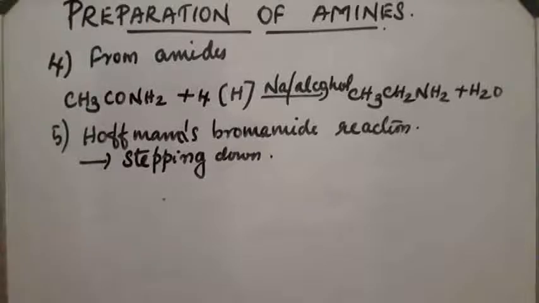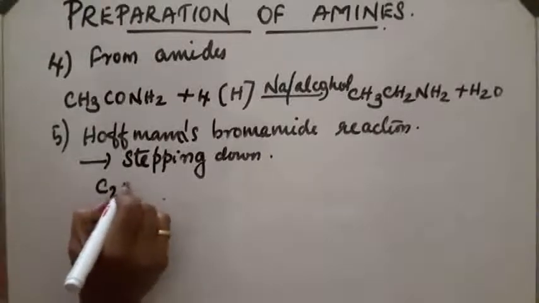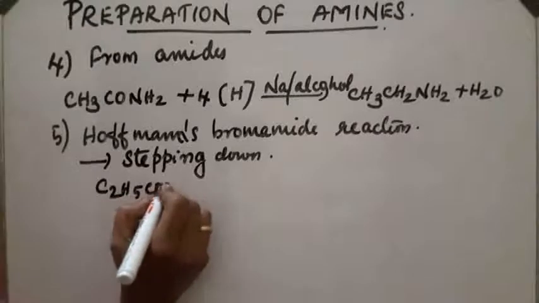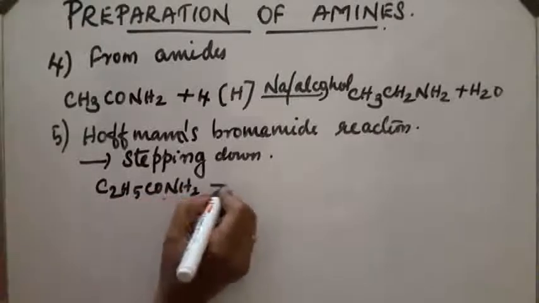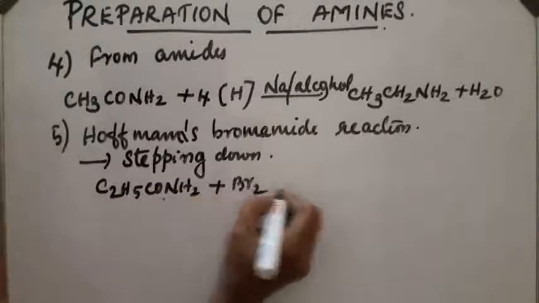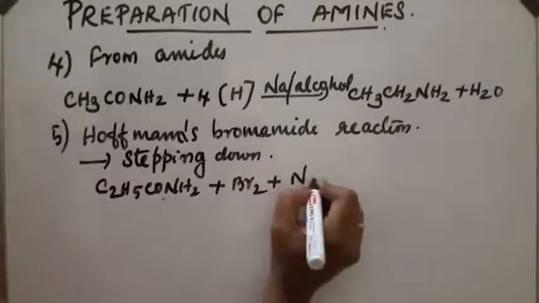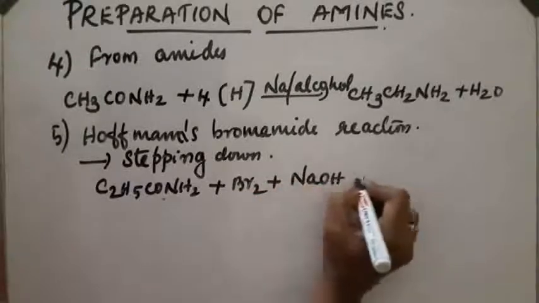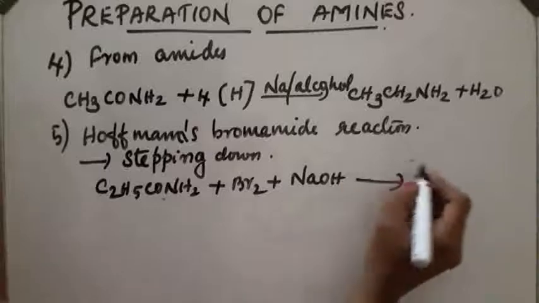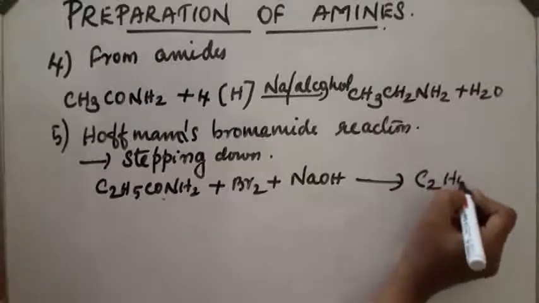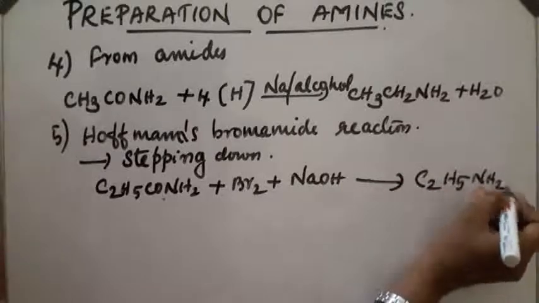Let us see the reaction. C2H5CONH2, propanamide, in presence of bromine in aqueous or ethanolic NaOH, reaction takes place and gets converted to C2H5NH2.